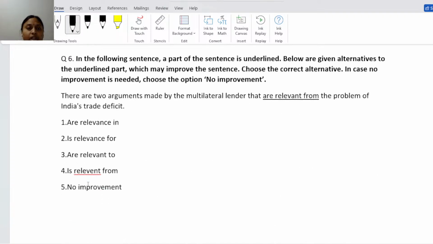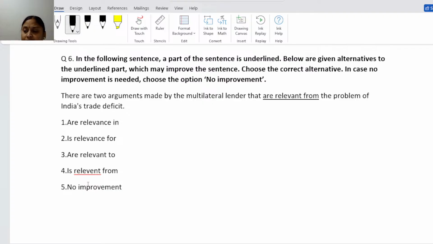Next, sixth question. In the following sentences, a part of the sentence is underlined. Below are given alternatives to the underlined part, which may improve the sentence. Choose the correct alternatives. In case no improvement is needed, choose the option no improvement. So here there are two arguments made by the multilateral lender that are relevant from the problem of India's trade deficit.